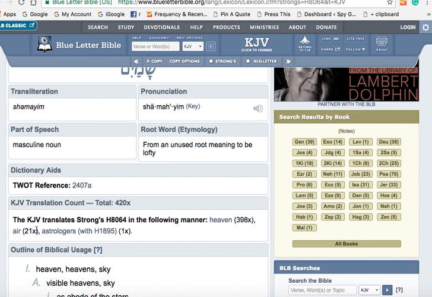They use the same word as air 21 times, and it's referred to in astrologers 1 time. So that gives you the total count and how this particular word has been used. But even with astrologers, it sort of gives a slant, and with air, to the sky and to the heavens and things of that nature.